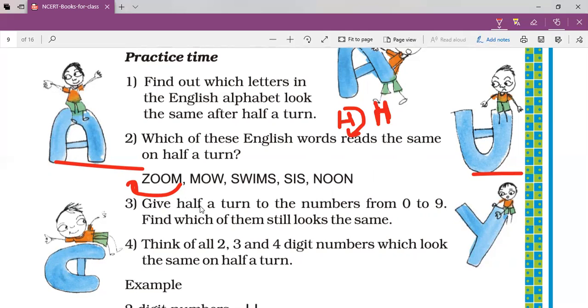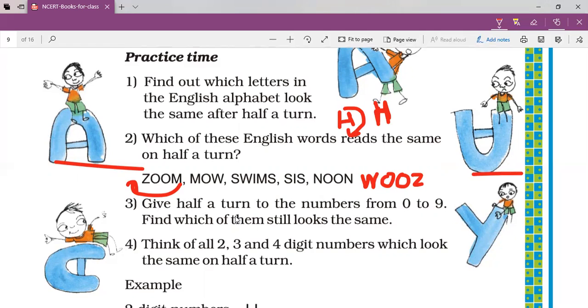If we rotate, the letter Z will become like this, O, O, and here M. When we give a half turn to M, it will become W. So whether it is reading ZOOM, it is sounding WOOZ. So this word is not the same when we give a half turn. See the other remaining words also.